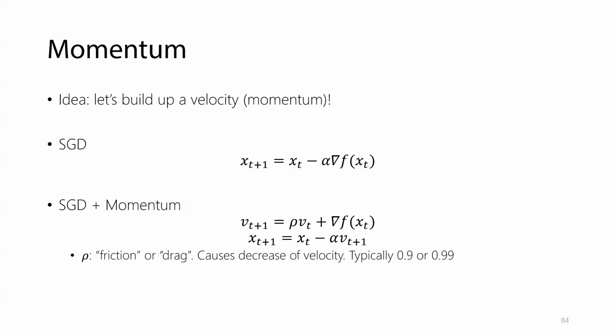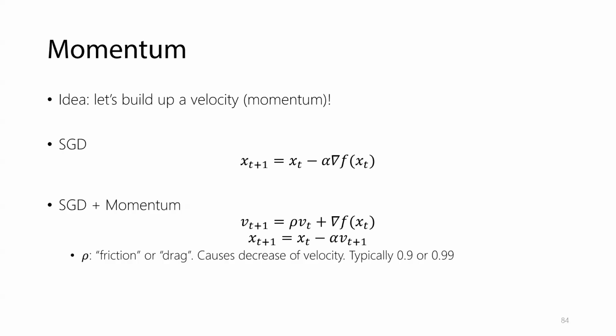In the momentum-based gradient descent method, the gradient vector will be used to develop a velocity. So now the gradient is serving as an acceleration instead of the displacement. You see the analogy?